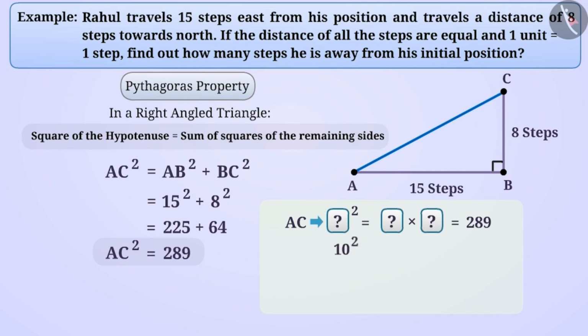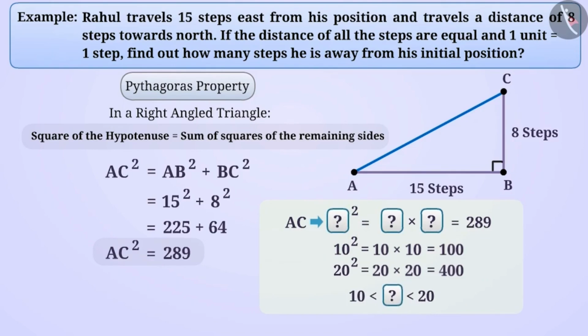We see that 10 square is equal to 10 multiplied by 10 is equal to 100. Similarly, 20 square is equal to 20 multiplied by 20 is equal to 400. Since 289 is between 100 and 400, the number whose square is 289 will definitely be between 10 and 20. Similarly, we get 15 square is equal to 15 multiplied by 15 is equal to 225, which is closer to 289.